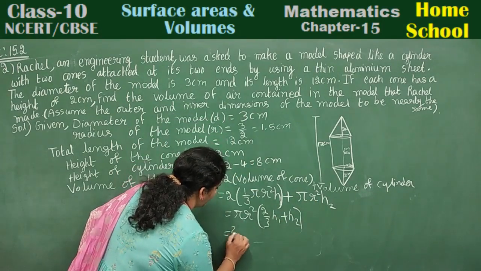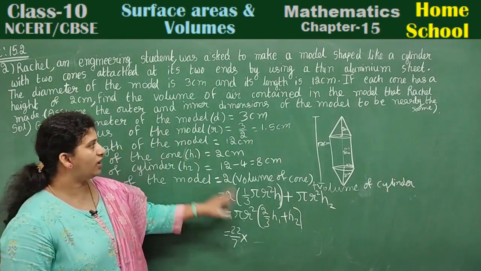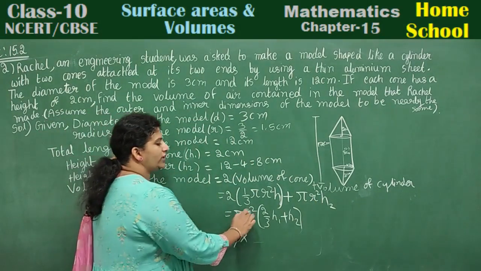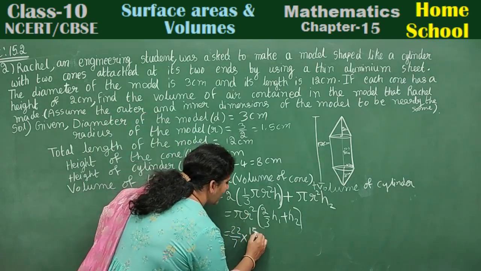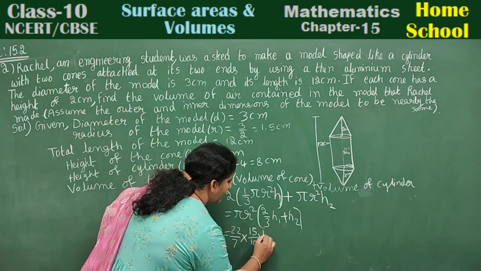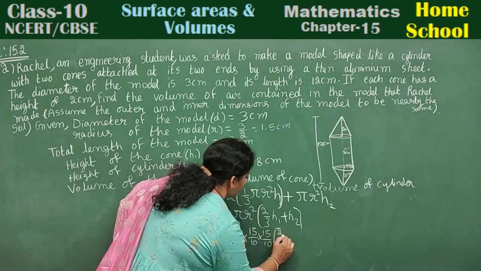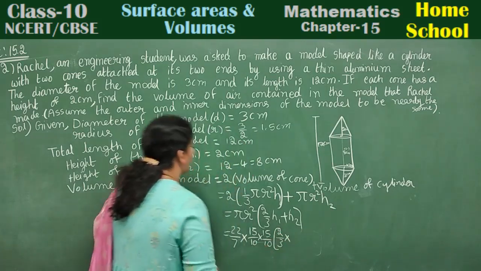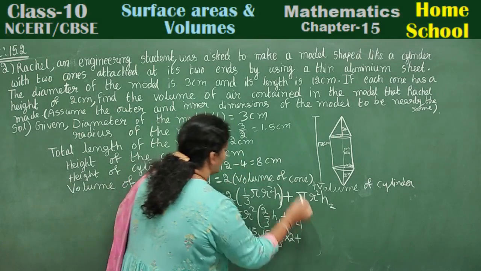Equal to 22 by 7 into, what is the radius of the solid? 1.5. r square means 2 times I need to write. So 1.5 I write as 15 by 10 into 15 by 10, bracket open 2 by 3 into h1 value is 2 and h2 value is 8.